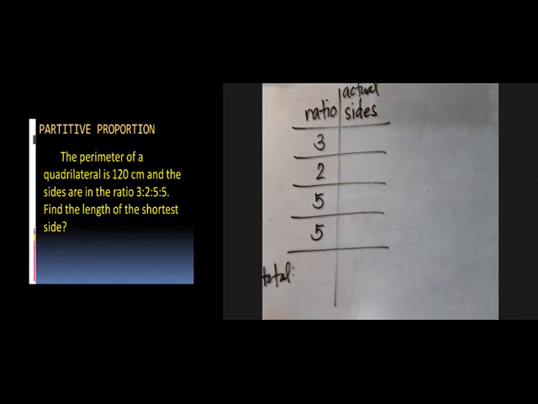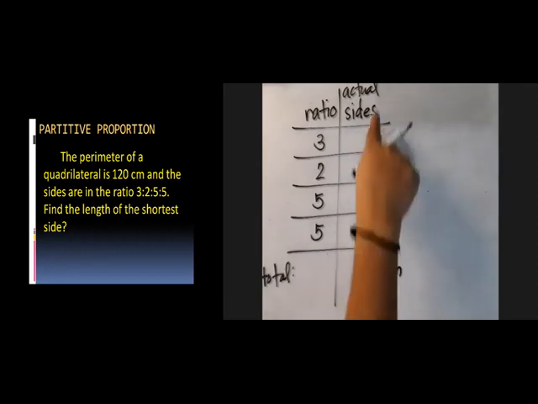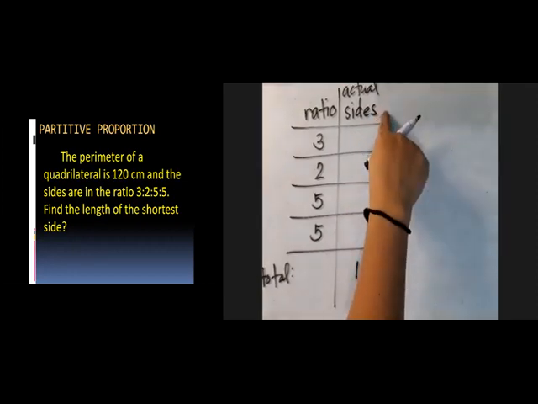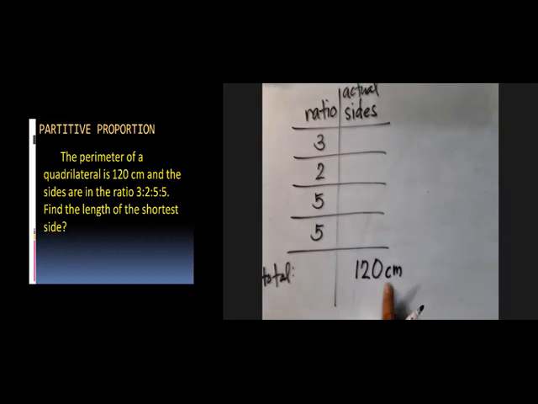Bukod doon, it says there, the perimeter of the quadrilateral is 120 centimeters. And perimeter is the total distance around a polygon. So, dito tayo pupunta dyan sa actual size. This will be 120 centimeters. So, lagyan na natin ng label kasi hindi natin nilagyan ng label unit of measure doon. Lagyan na natin ng unit of measure dito.